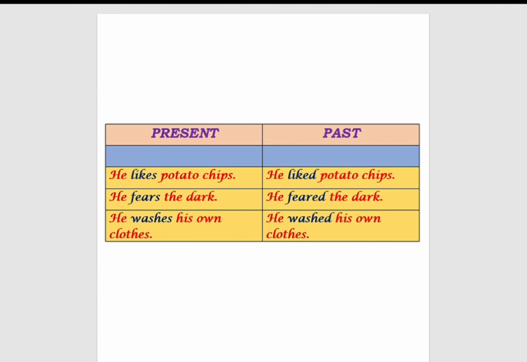Like here, for the present tense, he likes potato chips. When it becomes the past tense, it will be he liked potato chips. Then he fears the dark. He feared the dark. He washes his own clothes. He washed his own clothes.